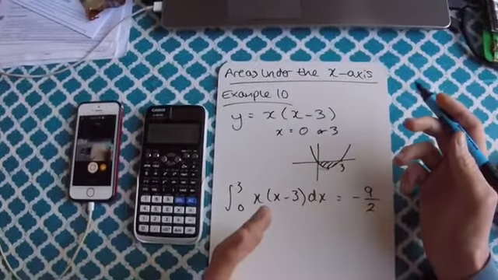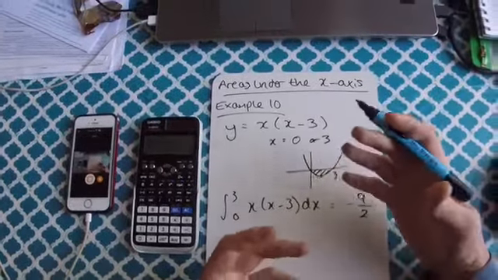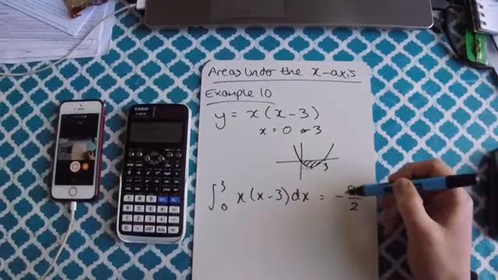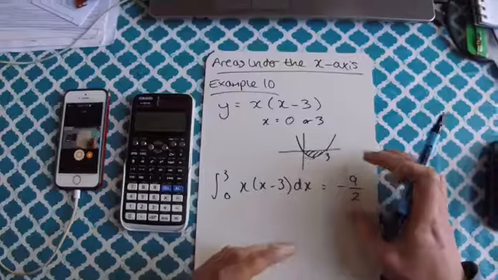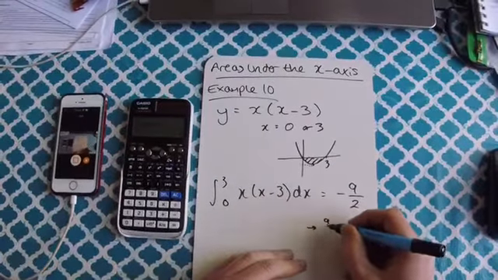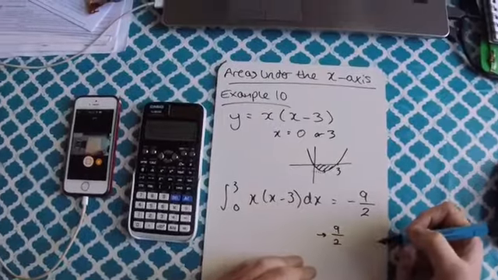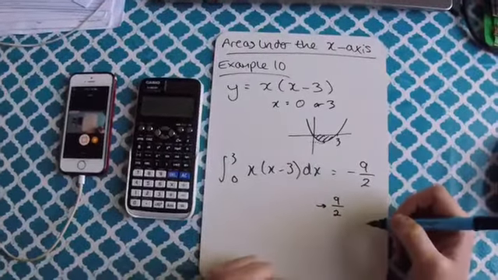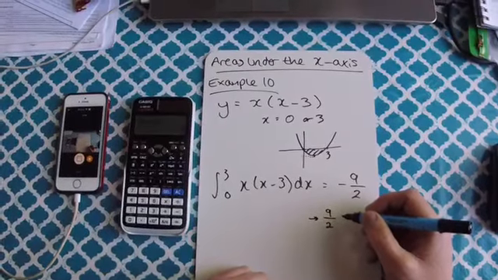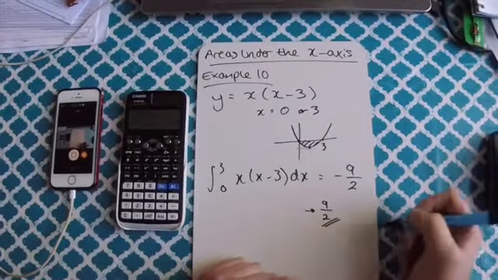But we also know that area is an actual measurement, and we shouldn't really get a negative value. So we integrate to say it's going to be negative 9 over 2, but then we can just use the absolute value of that, which is positive 9 over 2. And then that's my area that I found.